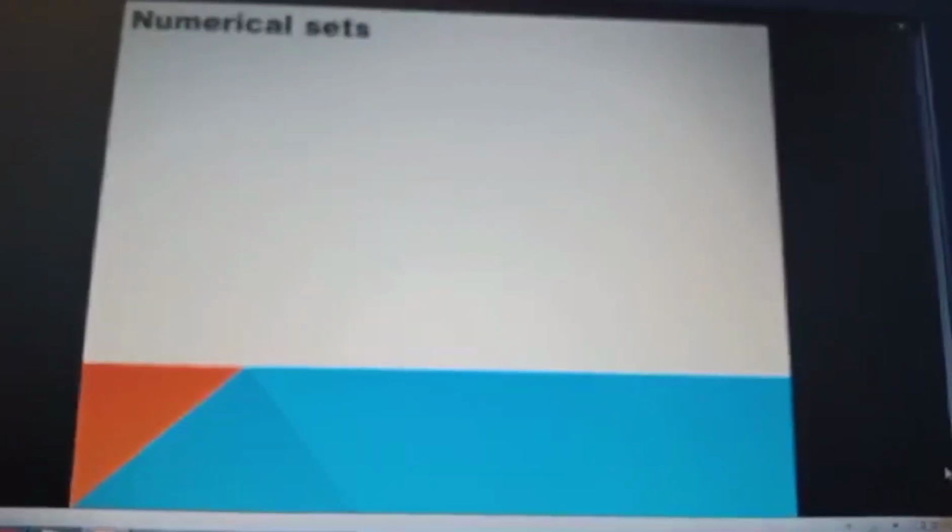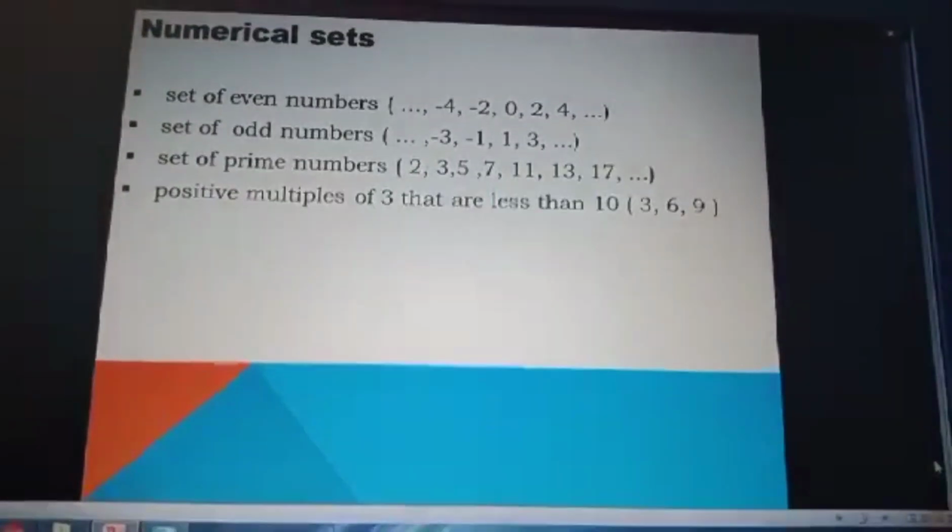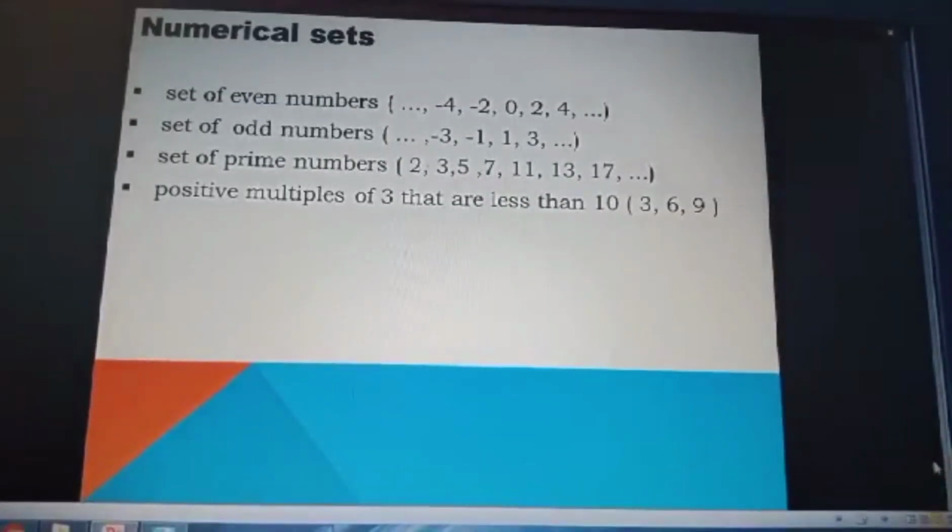Next is numerical sets. Numerical sets of even numbers: -4, -2, 0, 2, 4.